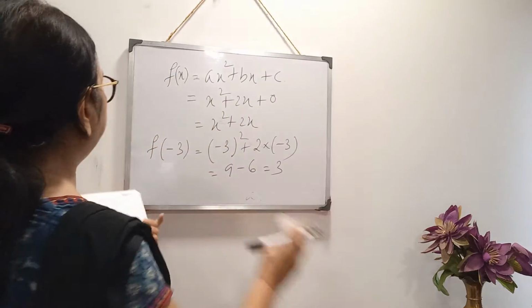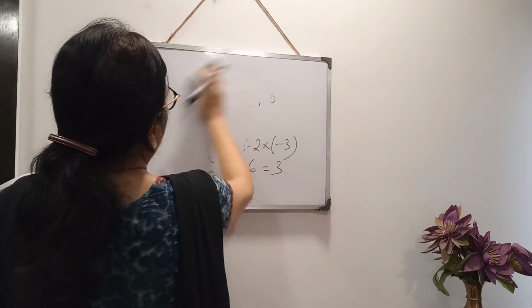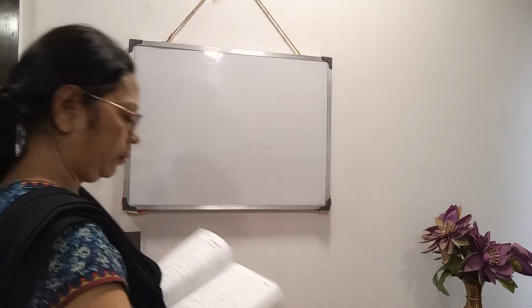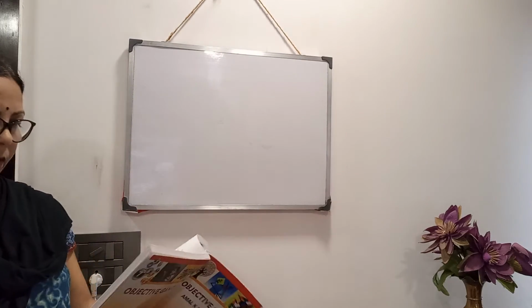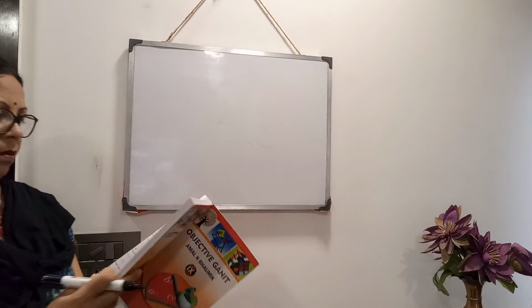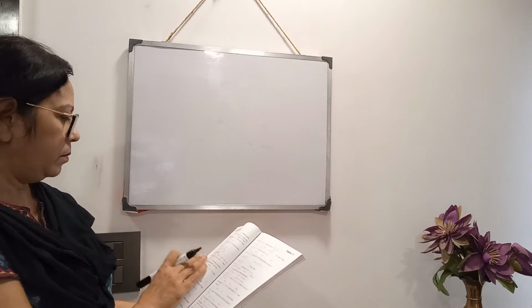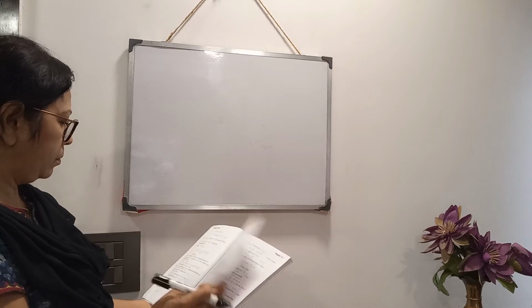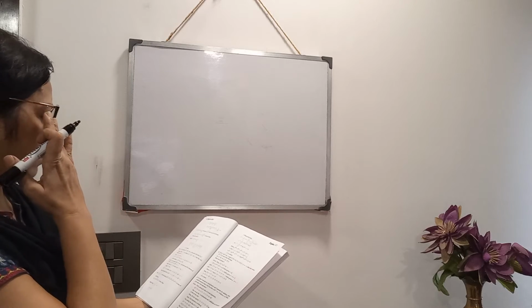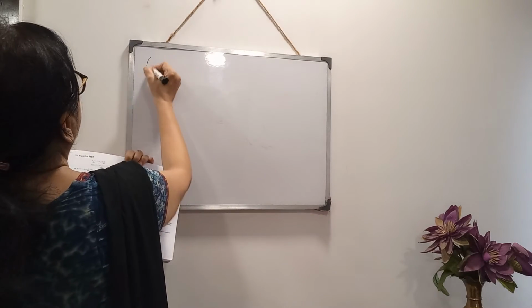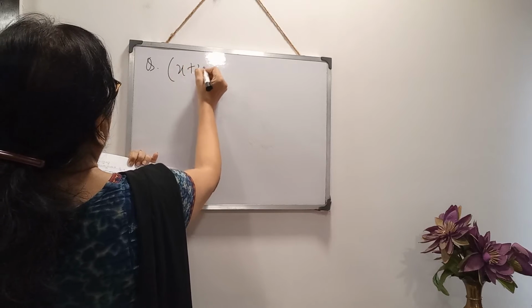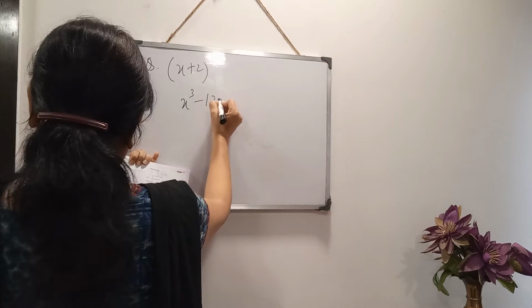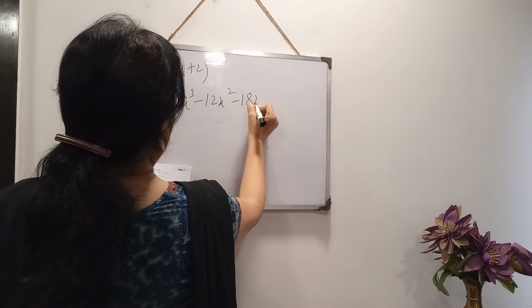Now next one. Okay, if the question is that x plus 2 is a factor of the polynomial this, x cube minus 12x square minus 18x plus a.